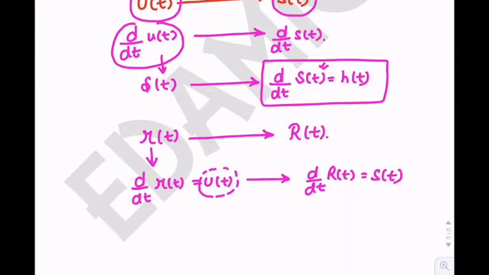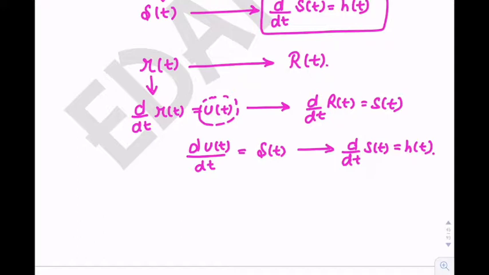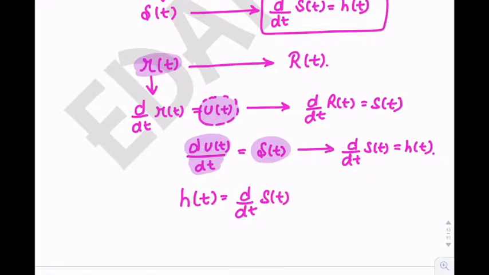Now if we differentiate u(t), that is equal to delta t, so d by dt of s(t) is equal to h(t). A very important point here is that when we differentiate r(t), we get u(t). When we differentiate u(t), we get delta t. So we can say that h(t) is equal to the single derivative of the step response and will be equal to the double derivative of the ramp response.